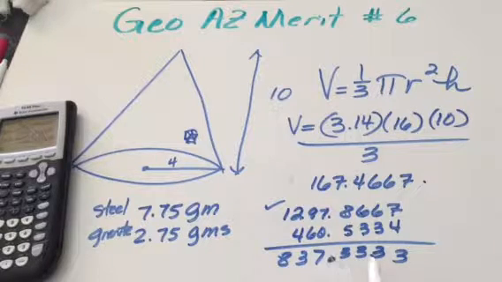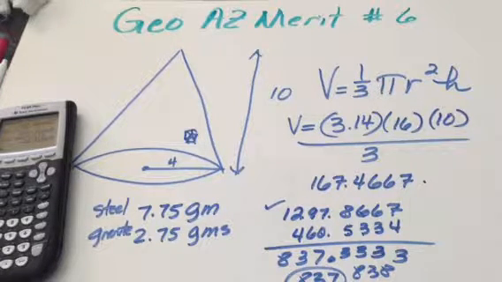Now they're asking us to round that off to the nearest gram. So are you going to say 837 or are you going to say 838? Well, you're going to round it off to 837. And by the way, that is the correct answer.